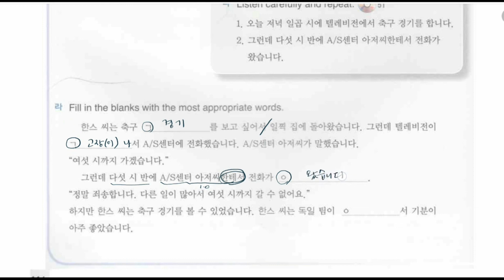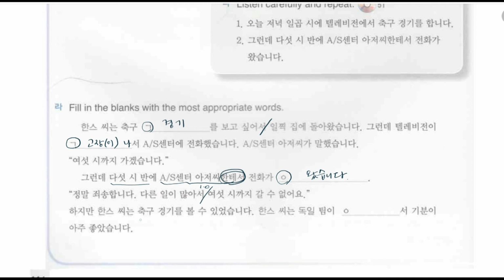Let's stick to the formal endings because they use formal ending here. 왔습니다. 정말 죄송합니다. I'm very sorry. 다른 일이 많아서 6시까지 갈 수 없어요. I can't go until 6 o'clock because there is too much other work.